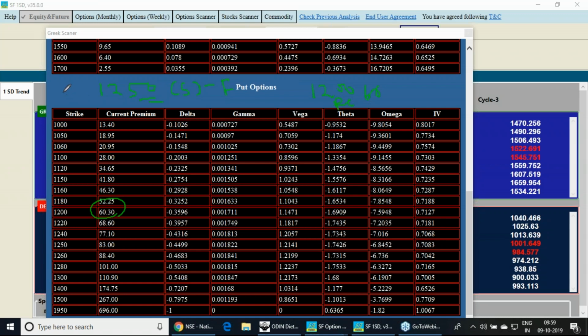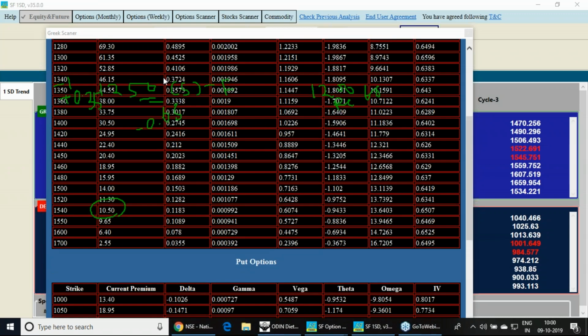By this process, how much delta have you got? You sold a future at minus 1, and you sold this put, which becomes plus 0.35. The put option had negative delta, and by selling it, it has become positive delta. So you have negative 0.65, and by this process your future is now protected till 1310. You can go for call options around 1300; 1300 is trading at 61 rupees.